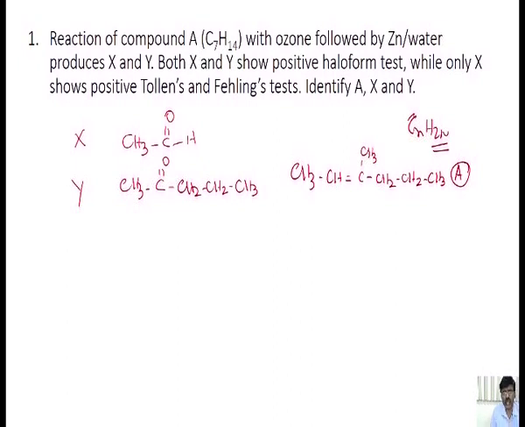Before going to the next problem, let us look at the mechanism of this transformation. Ozonolysis is an important transformation in organic synthesis.